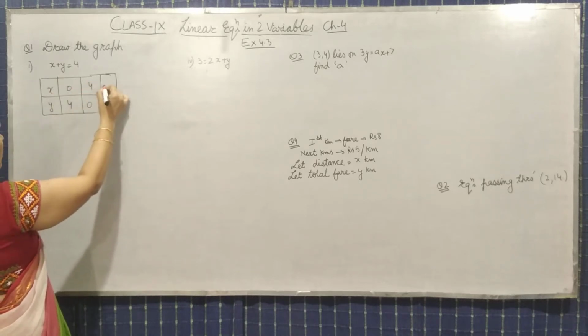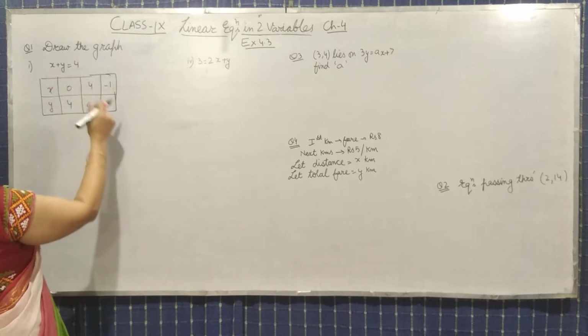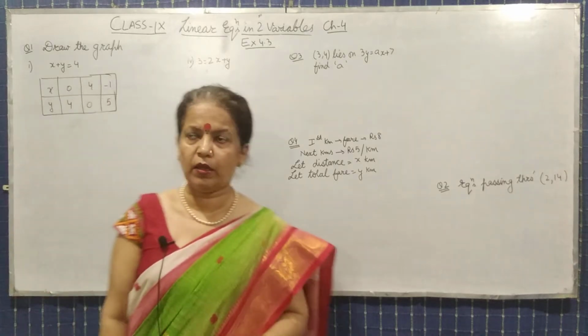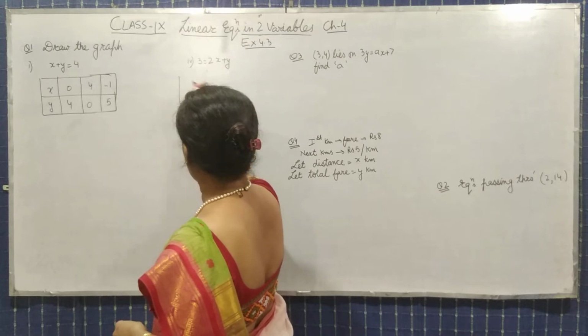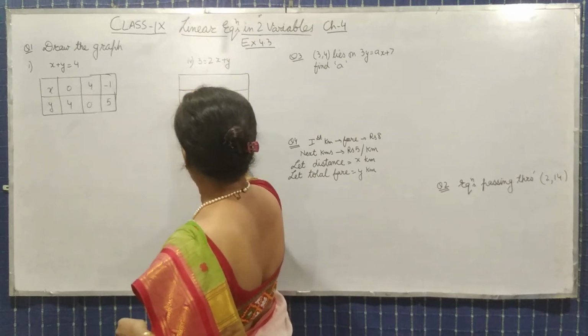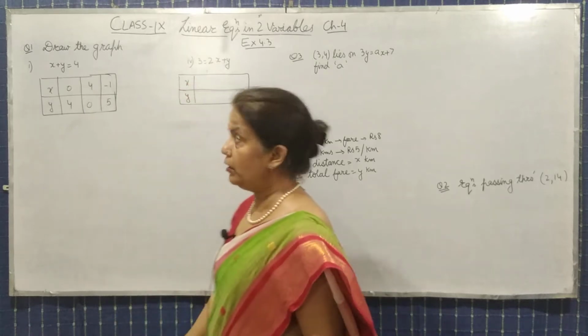Take any other value, let it be -1. If you take -1, y will become 5. Okay.